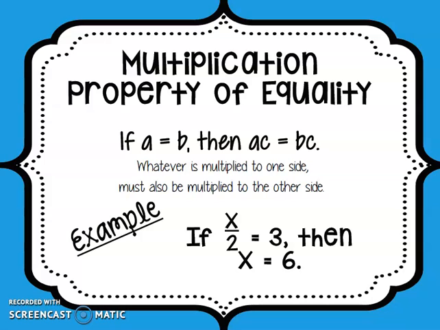Multiplication property of equality, same thing. Whatever you do to one side, you have to do to the other. That's what all the properties of equality are talking about. In this example, if x over 2 equals 3, multiply both sides by 2, so x equals 6. Whatever you multiply to one side, you multiply to the other side.